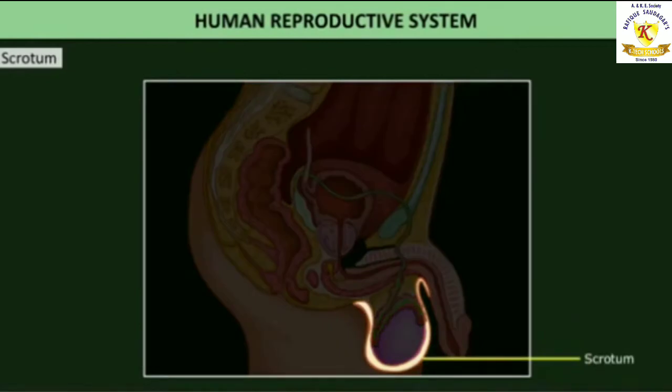Scrotum or scrotal sacs are male sex organs present in thin-walled skin pouches. The cavity of the scrotal sacs acts as a thermoregulator and keeps the testicular temperature 2 to 5.5 degrees Celsius lower than the temperature of the body.